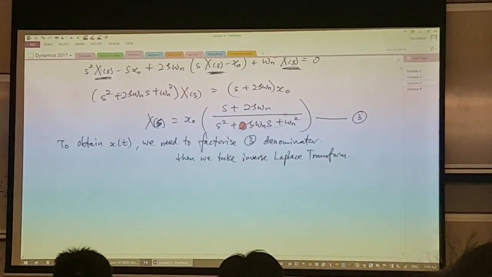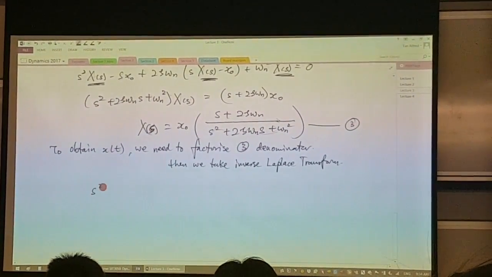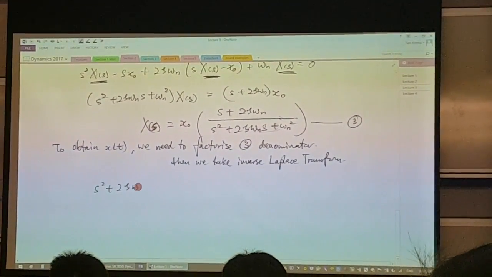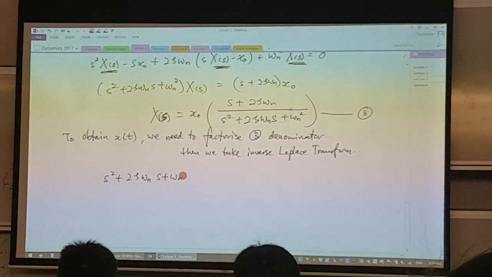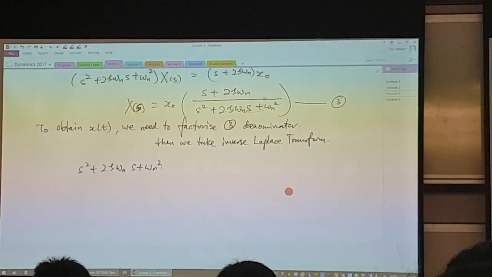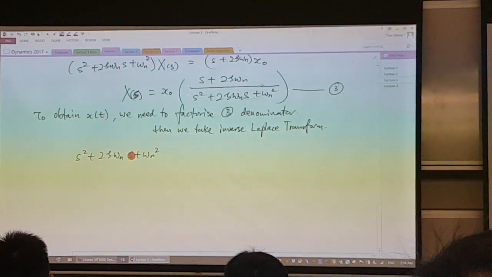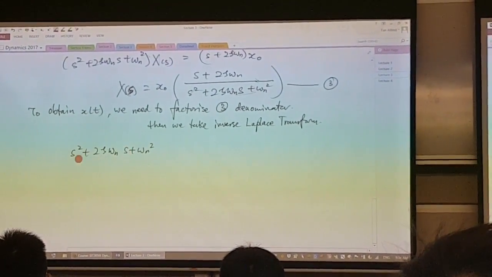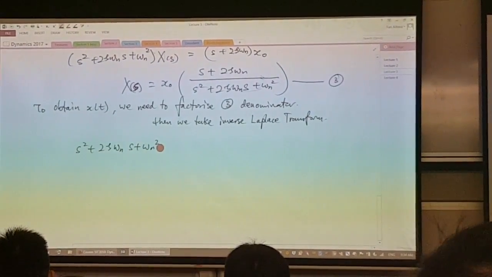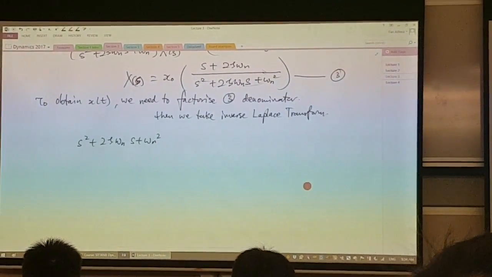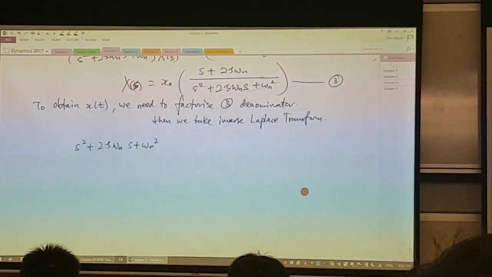So let's focus on this denominator first. This is s squared plus 2 zeta omega n s plus omega n squared. If I take this and do the factorization, do you remember that there is that roots formula?